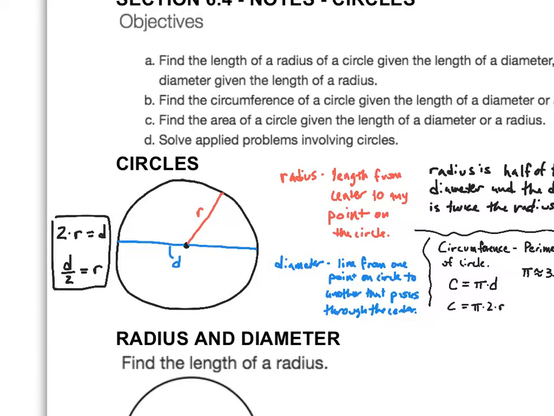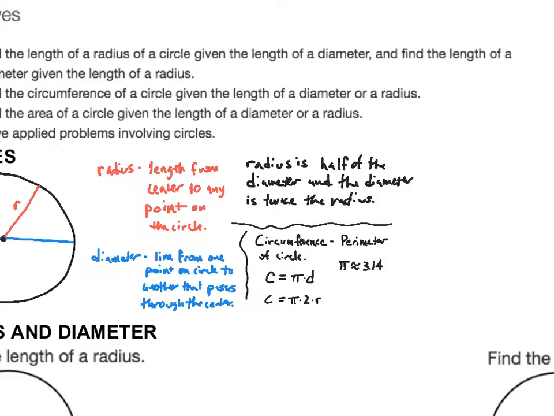They would take a piece of string and measure the distance around the circle. But then they also started measuring the distance across the circle. And what they found out was that if you take the circumference and divide it by the diameter, you kept getting the same number. No matter what circle you had, you all had the same number pi, and that's how they get that.